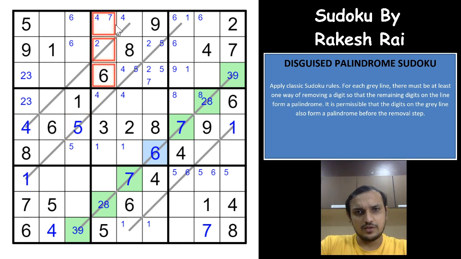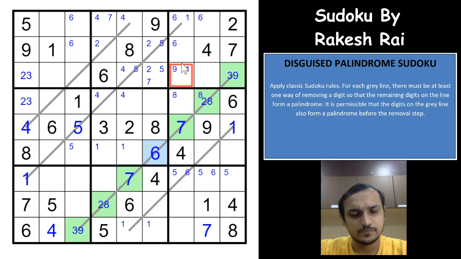You cannot have a 5 here, you cannot have a 5 here. No, nothing here. Okay, so there's a very beautiful logic here. This one is correct.